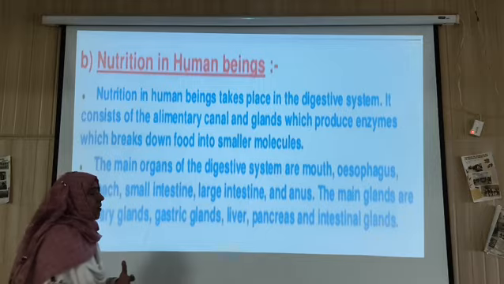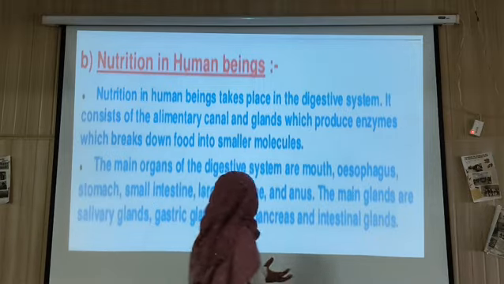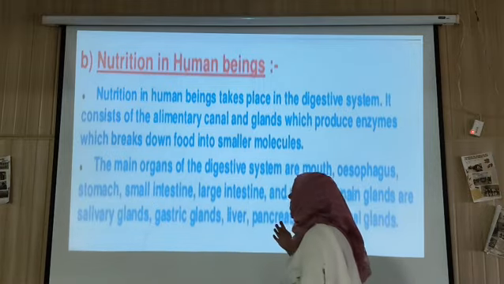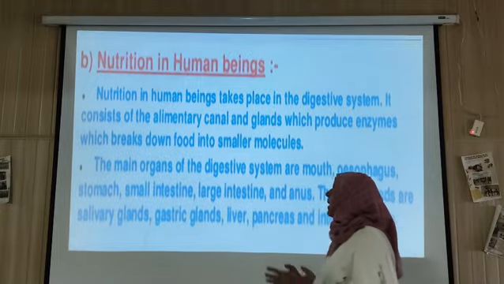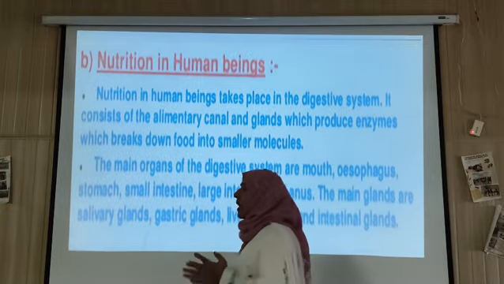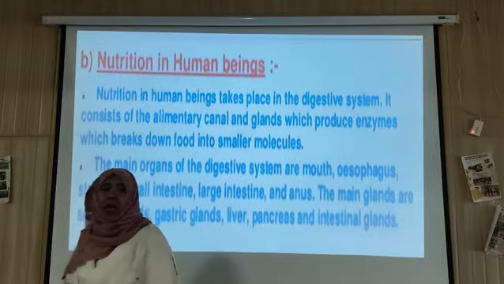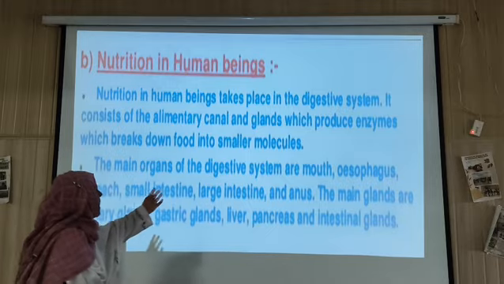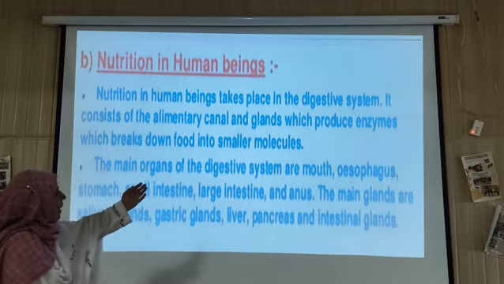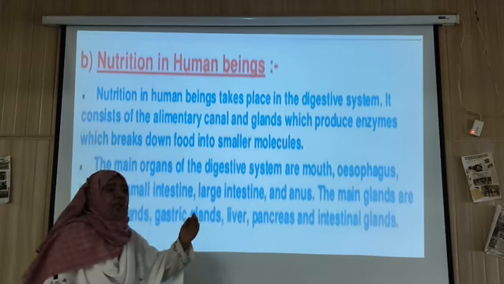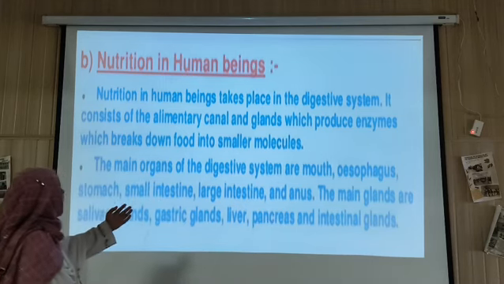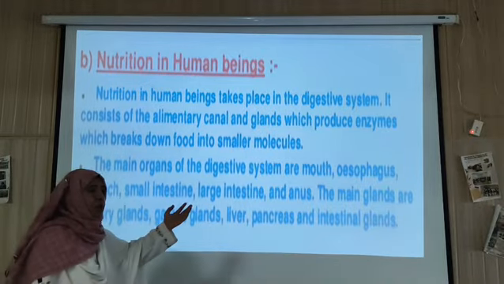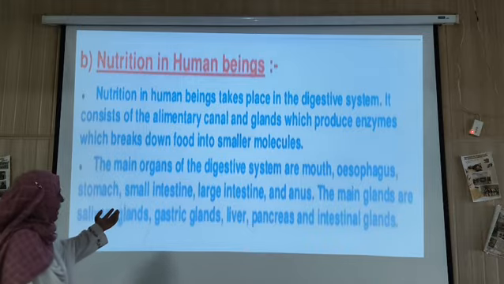Now we will proceed a little bit about nutrition in human beings. In human beings, nutrition takes place with the help of a well-developed digestive system that consists of the digestive canal, also called the alimentary canal, as well as certain digestive glands which help in digestion of food and production of energy.